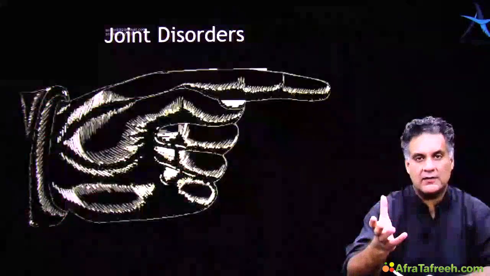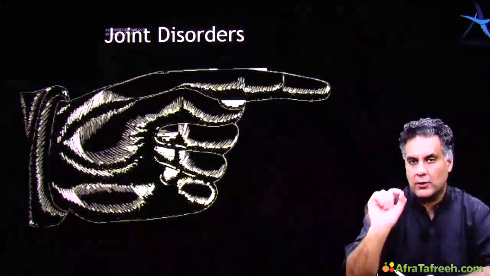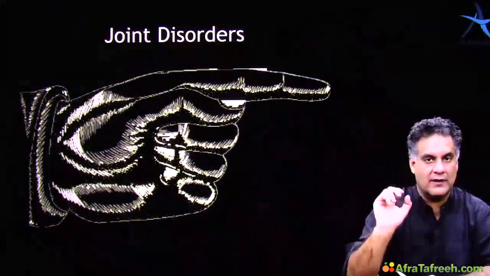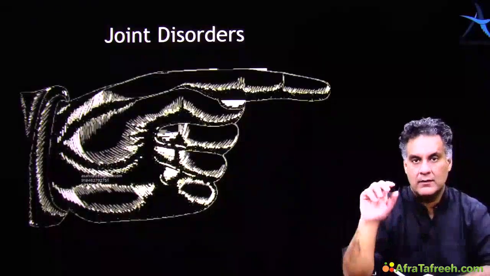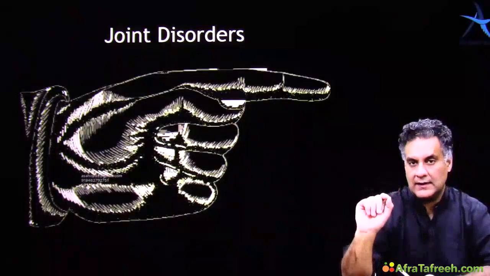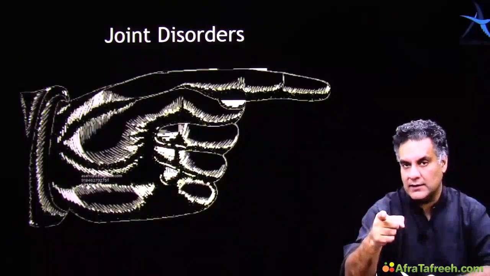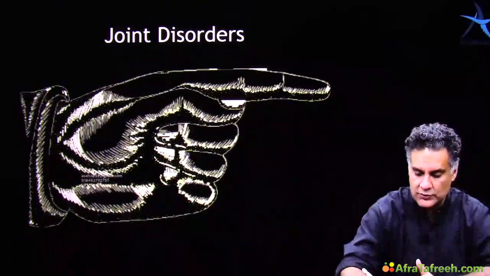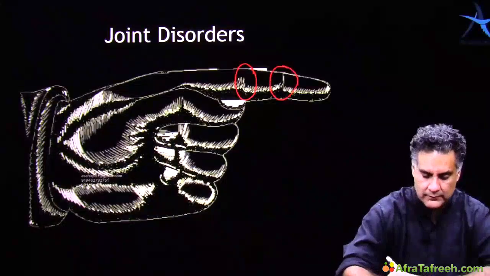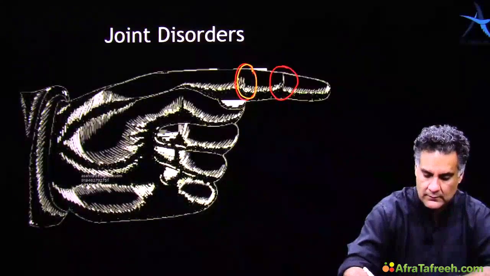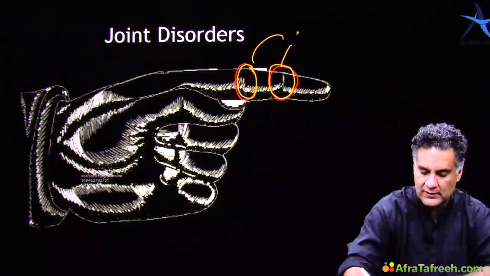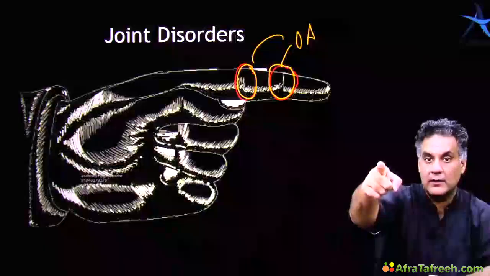So joint disorders are very, very important, because in central exams you will always have lots of questions coming from it. Remember one thing, if you point your finger towards somebody, the two joints that point towards him are involved in OA, because that's how you say OA.